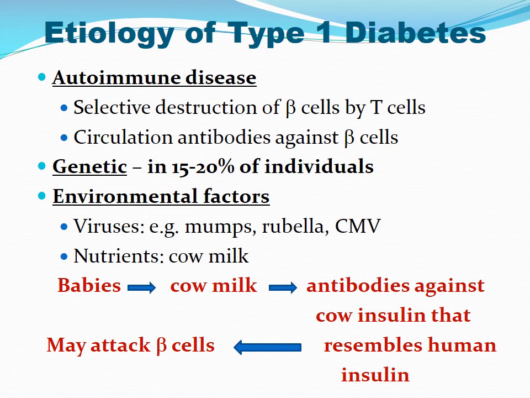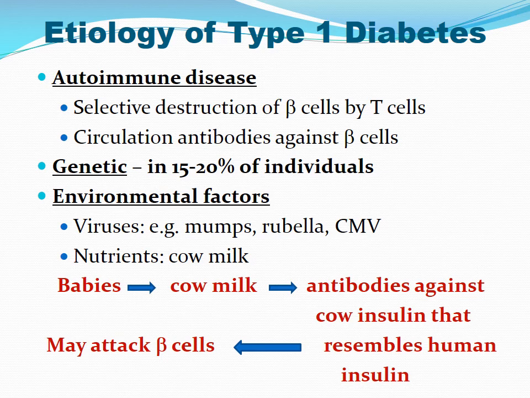Etiology of type 1 diabetes. It may be due to autoimmune disease that results in selective destruction of insulin-secreting beta cells by T cells, or formation of circulating antibodies against the beta cells. Second, it may be genetic; a genetic link has been found in 15 to 20% of individuals.